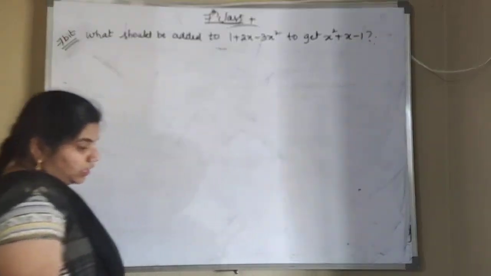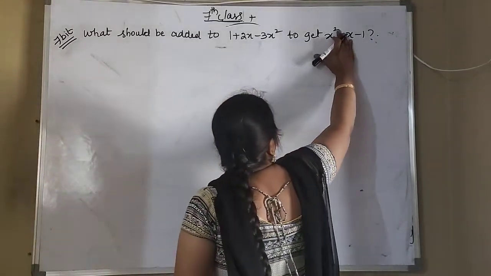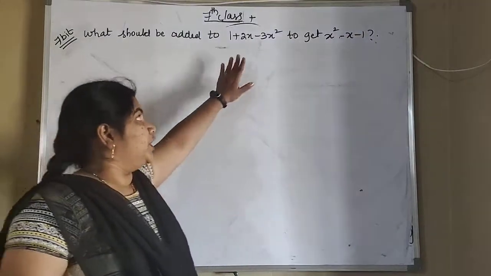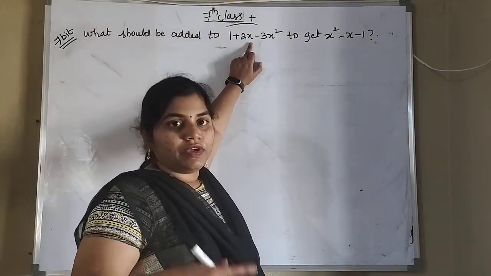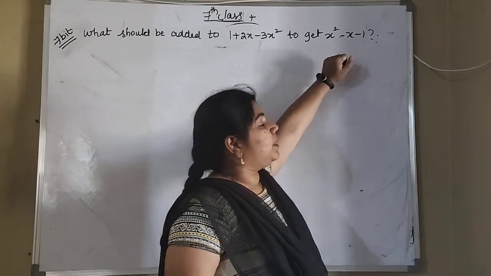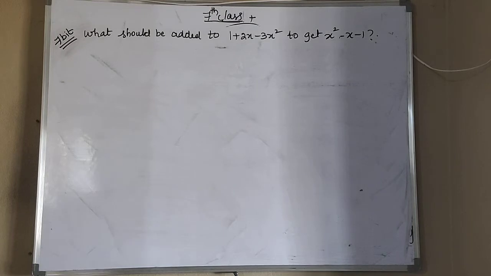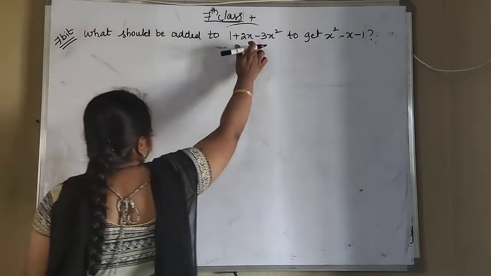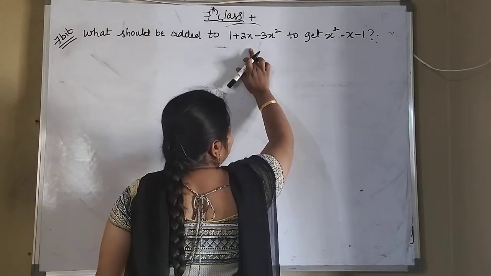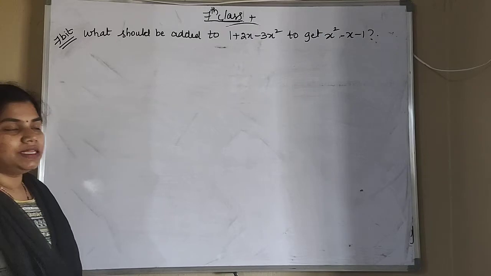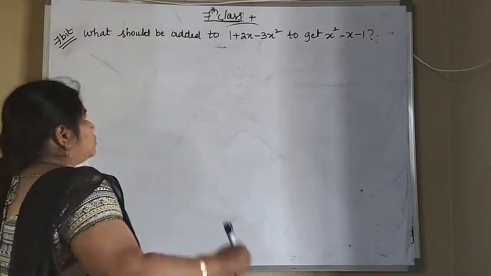Okay, so for this x square minus x minus 1. Okay, so for this expression, which expression you will add to get this result they are asking. Okay, so what is the question? So what is the question? For this expression, which expression you will add to get the result as x square minus x minus 1.